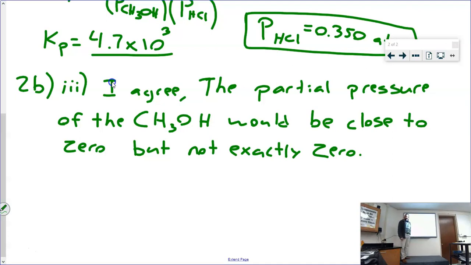Now we need to justify it. And again, it asked for justification, right? So let's explain ourselves. Here's my explanation.